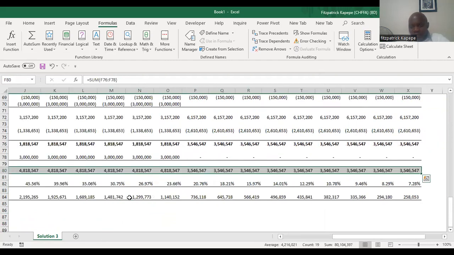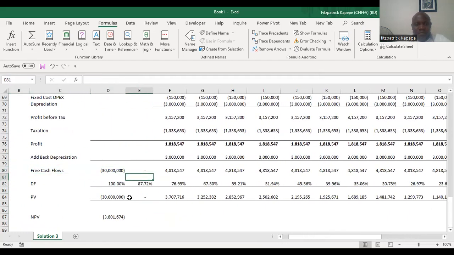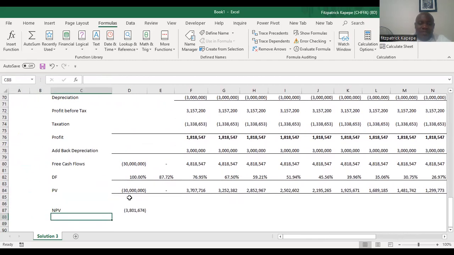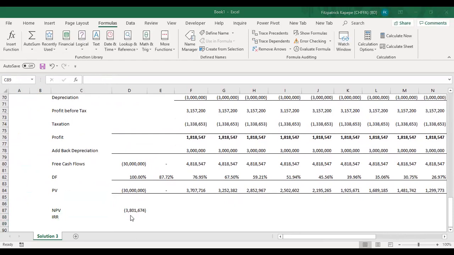Okay. Where am I getting negatives? Let me just check how much are these numbers. Oh, 26, okay. Then internal rate of return. So the internal rate of return will be equals IRR, which will be these values here.